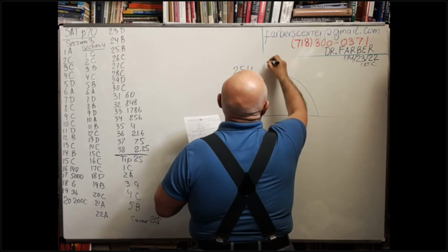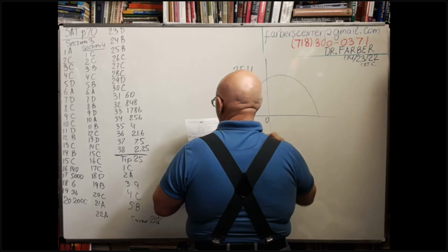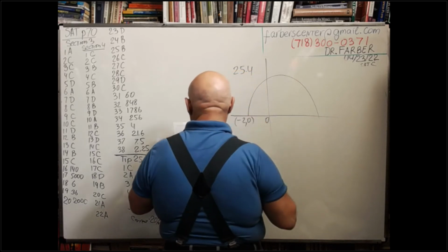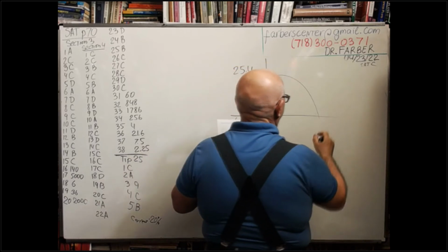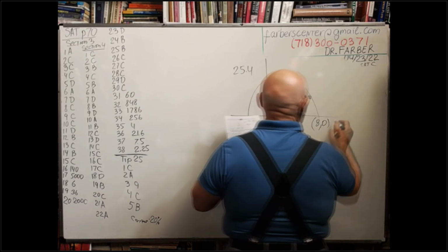Finally, this is the Cartesian coordinate, this is O. This is -2, 0. This is 8, 0. This is x, y.